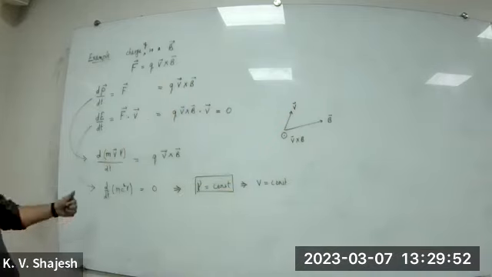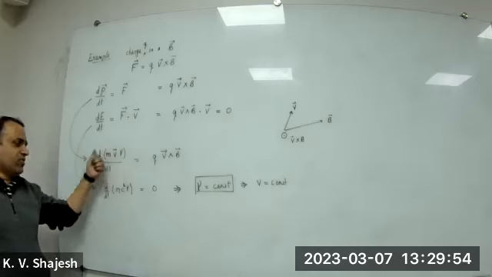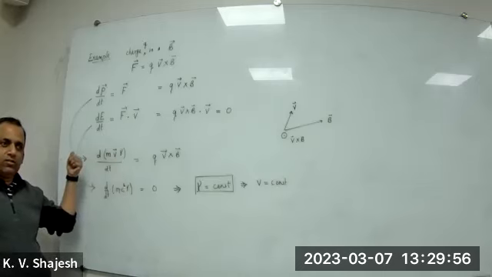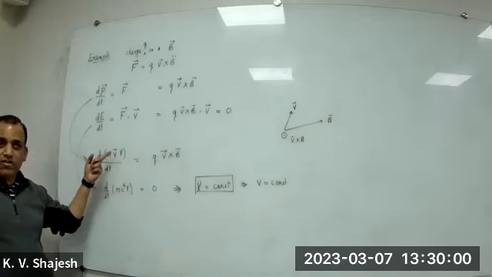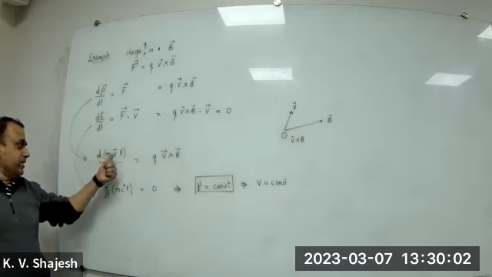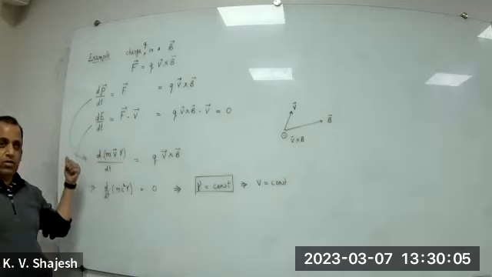If gamma is a constant in time, it can come out here also. Only in this configuration, in a magnetic field, gamma remains constant and it can come out.